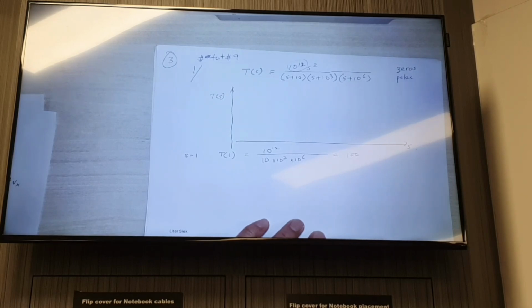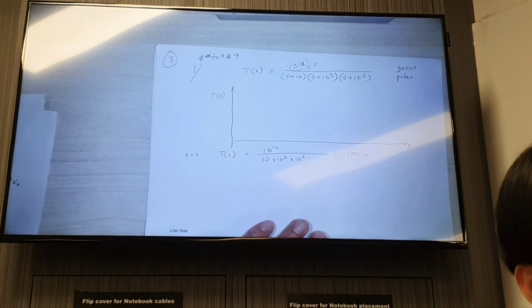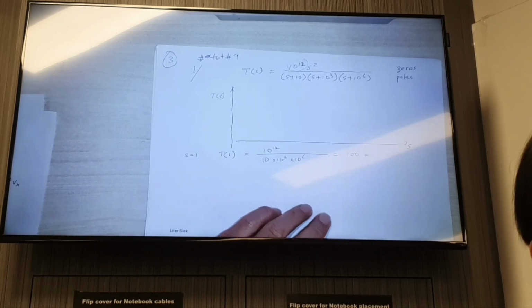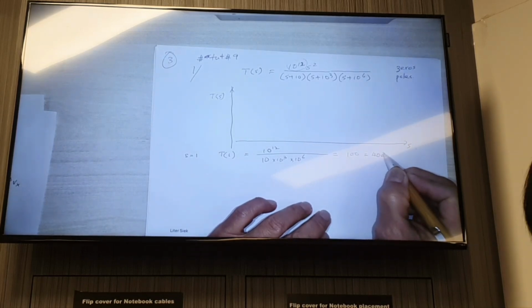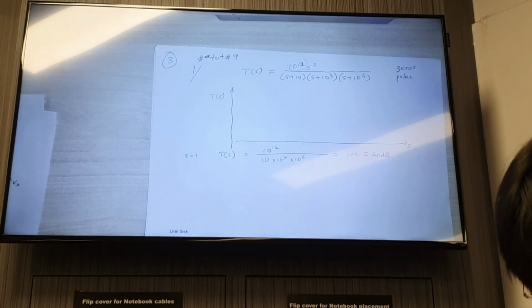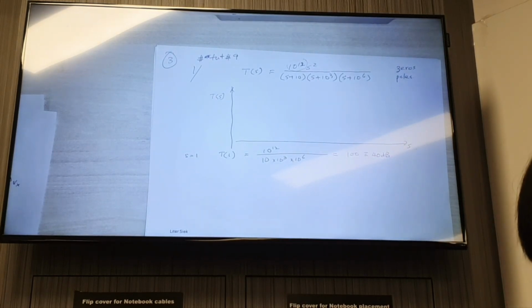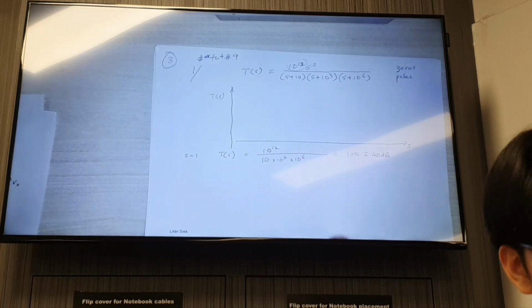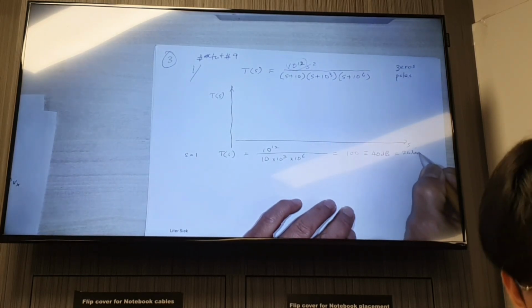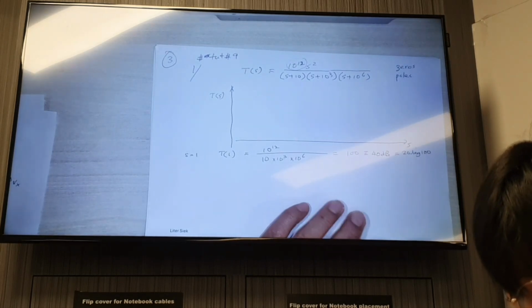So how do you convert numerical gain to dB? 20 log 100, and you will get 40 dB.